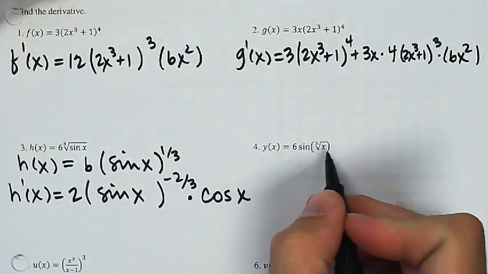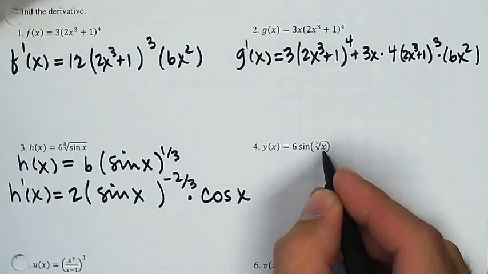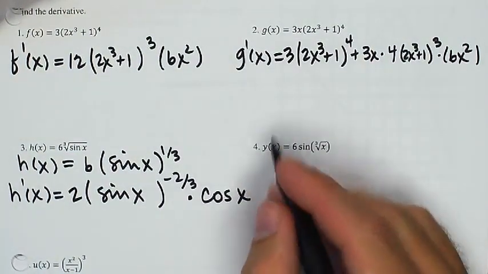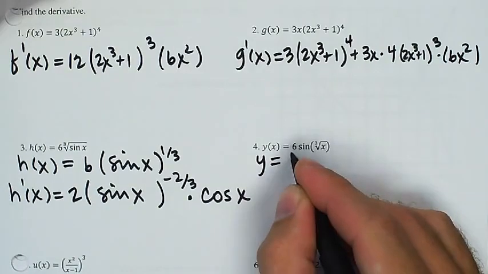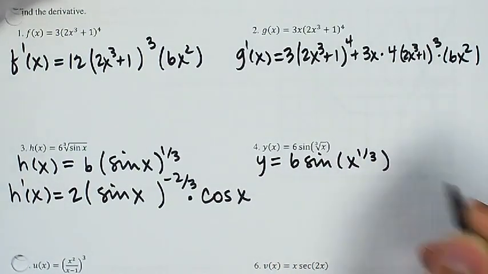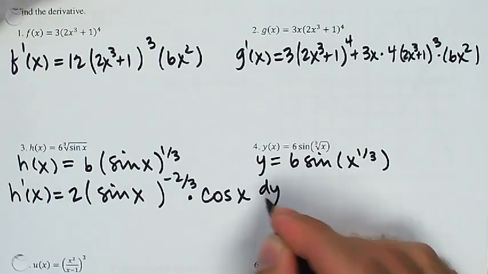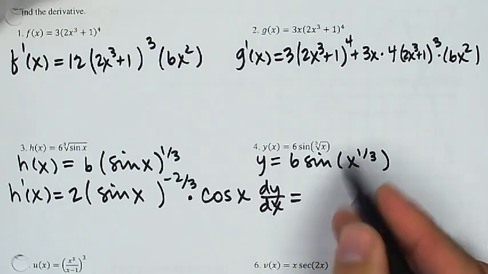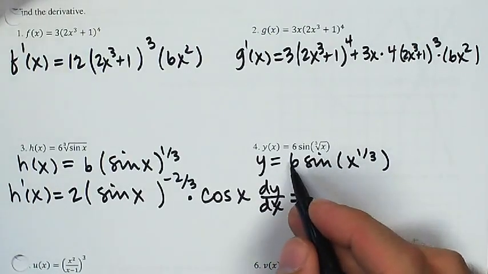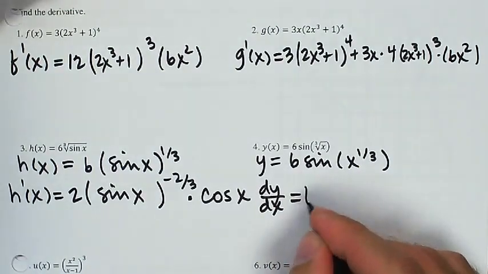Y equals 6 sine of the cube root of x. Okay, again, this is going to be the outside, and this is going to be the inside, so that's going to be the difference here. All right, so I'm going to rewrite it. So y prime, or dy dx, is equal to, start with the outside. Well, the derivative of 6 sine of t is 6 cosine of t.